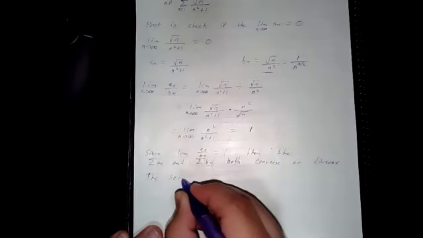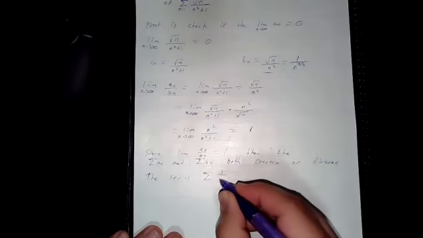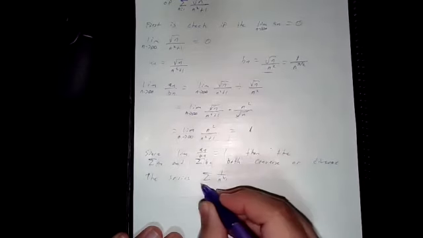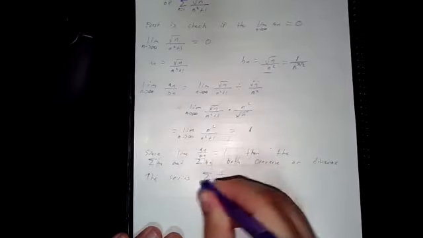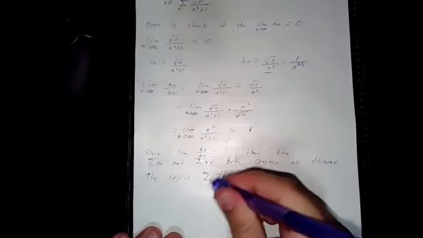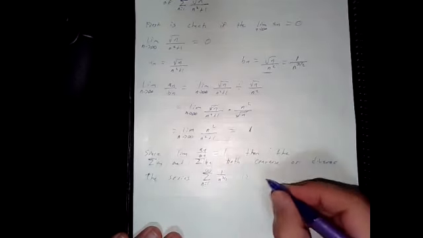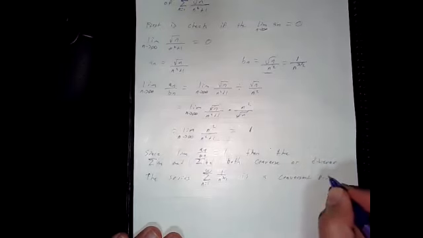The series as n goes to infinity, then it goes from 1 to infinity, is a convergent P series, right? See how the P is greater than 1?